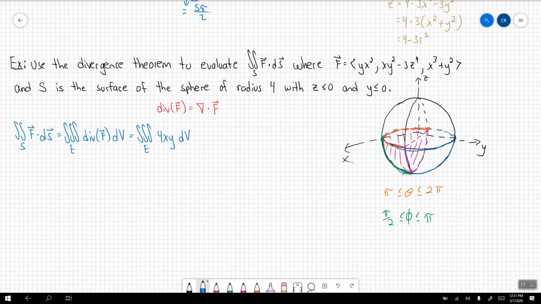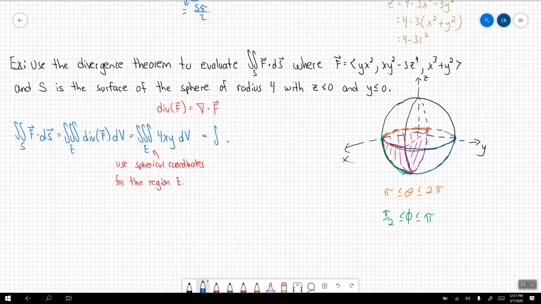Perfect. Now we need to go through and use spherical coordinates for the triple integral, or for the region E. If we use spherical coordinates, again, we're going to change our coordinate system from the x-y coordinate system over to spherical.